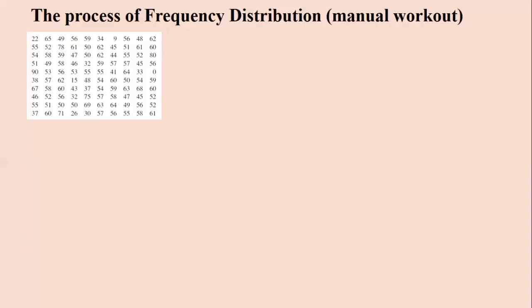It may be age, income earned, savings, or consumption expenditure, it may be anything. But you have 100 values, and these 100 values have no order. Now we want to make a frequency distribution, and we want to present these 100 values in some proper, acceptable manner.